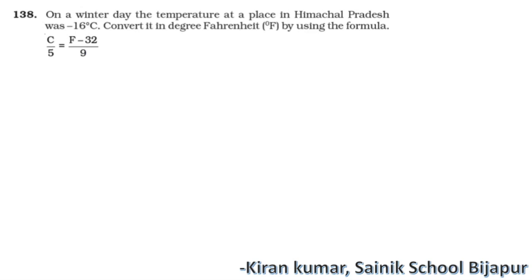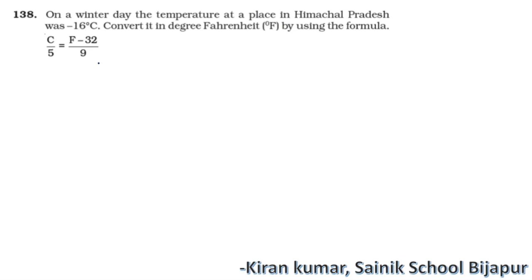Question number 138. On a winter day, the temperature at a place in Himachal Pradesh was negative 16 degrees Celsius. Convert it into degree Fahrenheit by using the formula C by 5 is equal to F minus 32 upon 9.